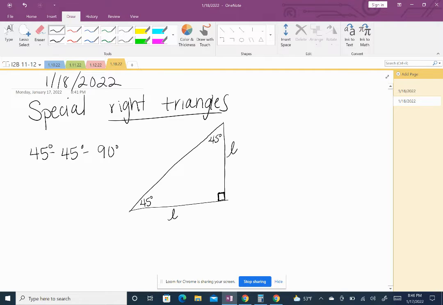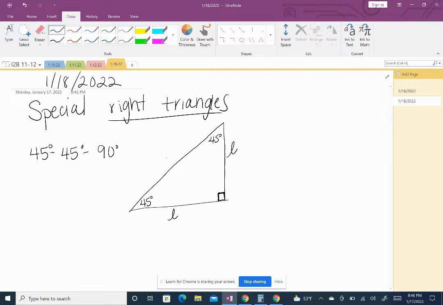Now, if you see a triangle that only lists 45 degrees and 90 degrees, you can automatically know from the triangle angle sum theorem that the third angle is going to be 45 degrees. Or if you see two angles are 45 degrees, you know the third angle has to be 90 degrees.